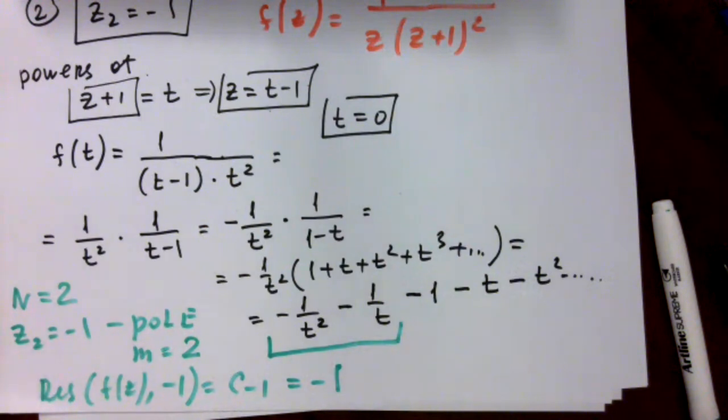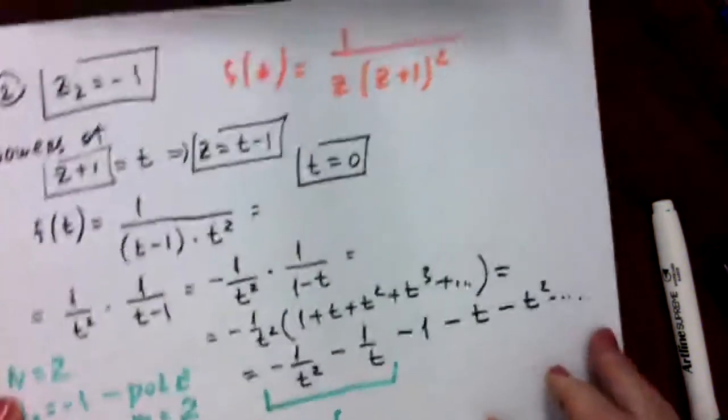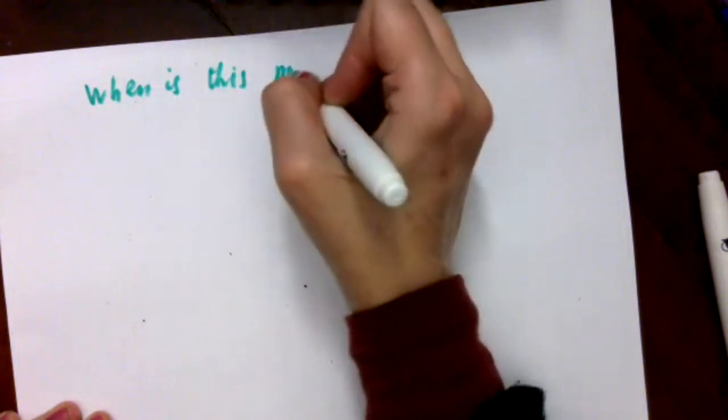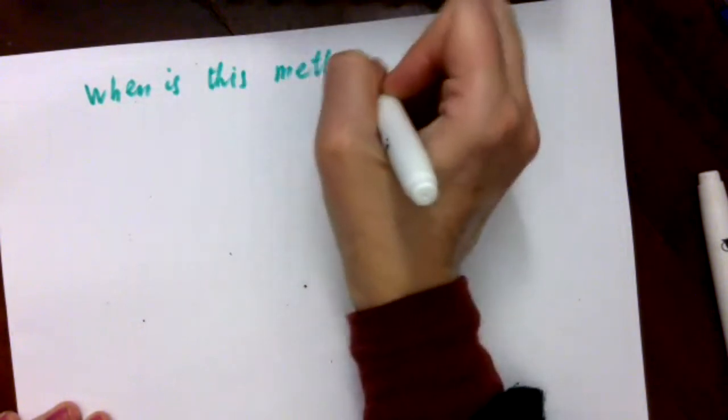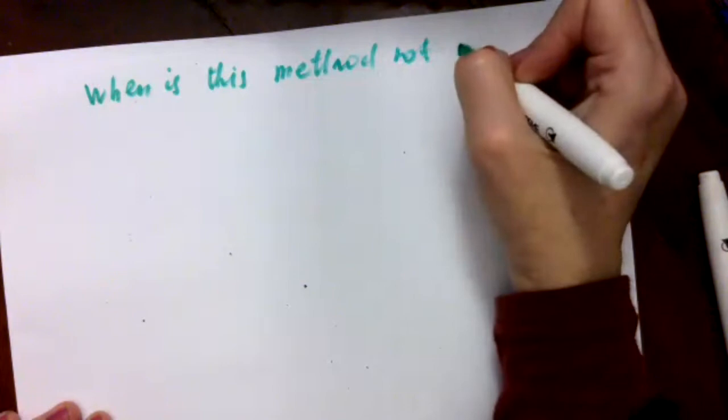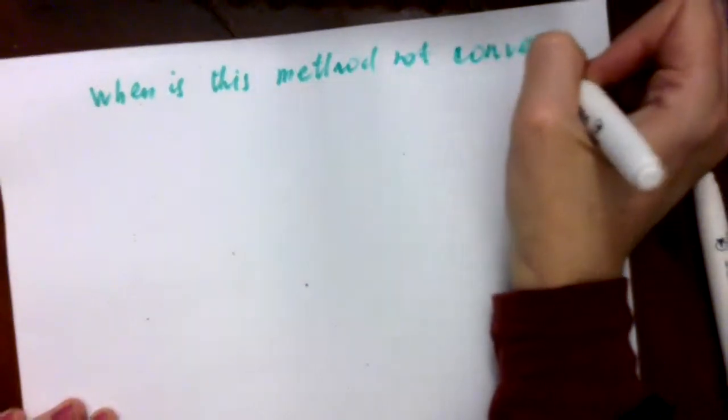But are there cases, are there situations when it's not convenient or maybe even not possible to apply this method? Let's discuss it. It's super important because you need to know the difference. When is this method, which is method 1, do you remember, not convenient, or even impossible, I would say?